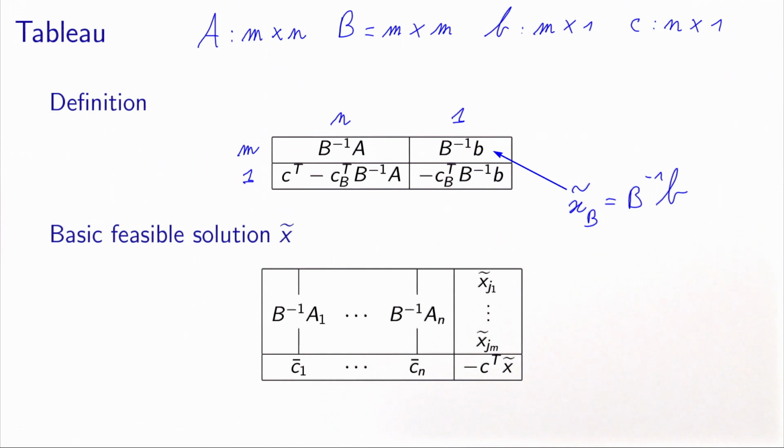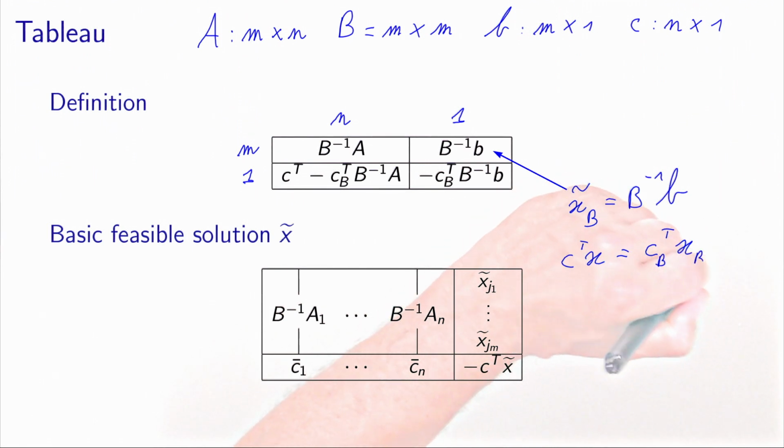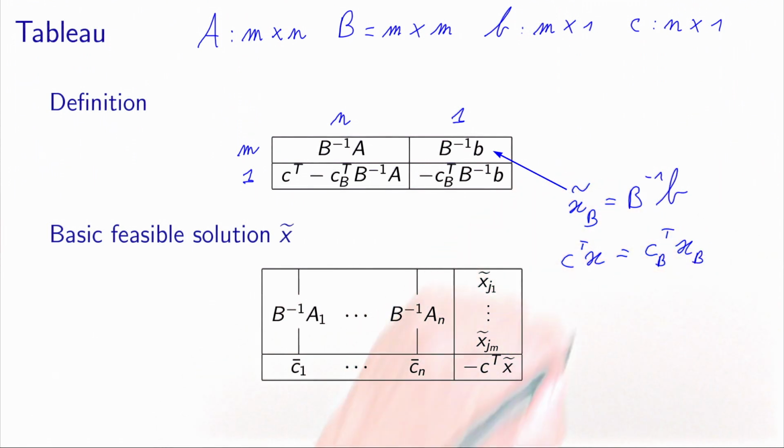Let's calculate now the objective function, c transpose x. Well, we know that all the non-basic variables are 0. So this is equal to c_B transpose x_B, right? We can ignore all the non-basic variables. And I put the tilde to emphasize the fact that I'm computing it for this feasible solution.